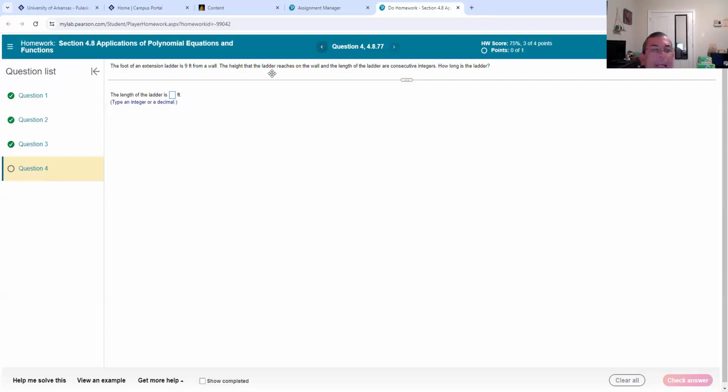So y'all look at this, same thing. The foot of an extension ladder is 9 feet from a wall. So the foot of the ladder is 9 feet from the wall.